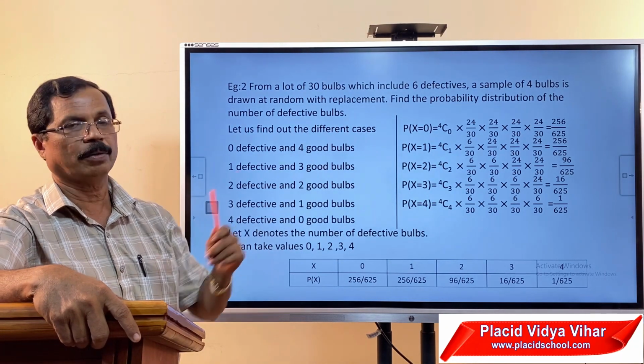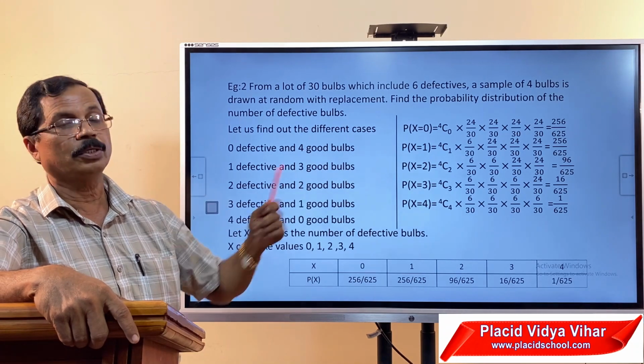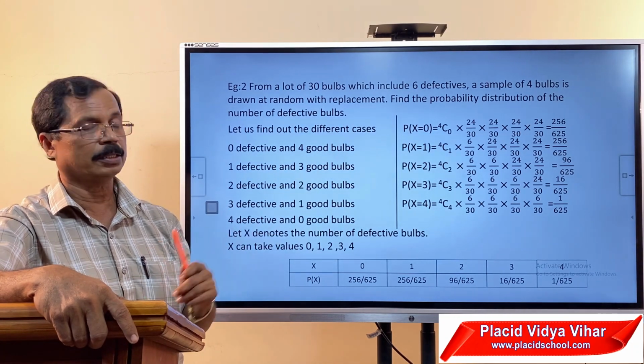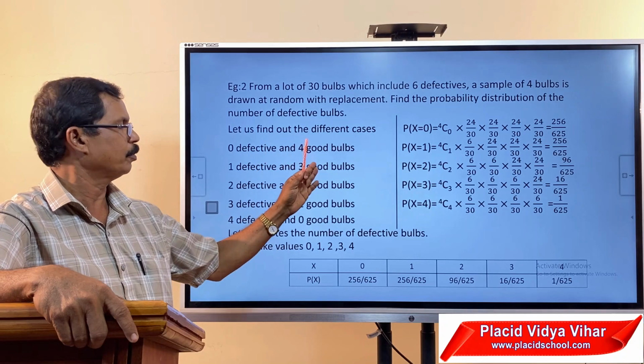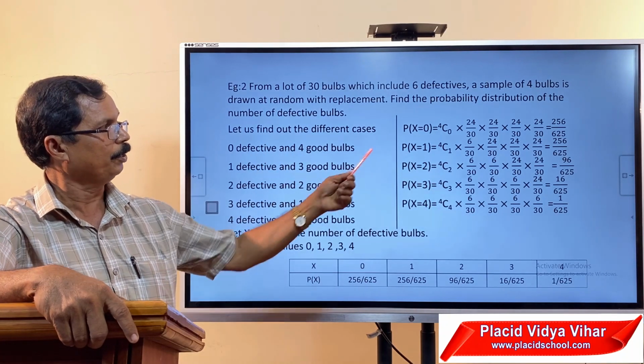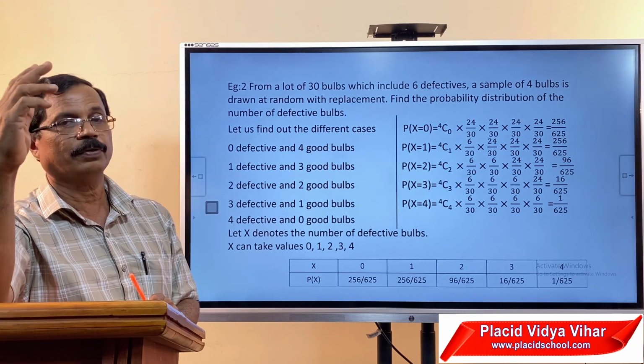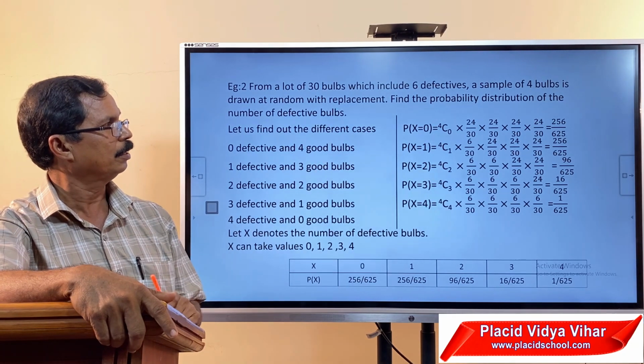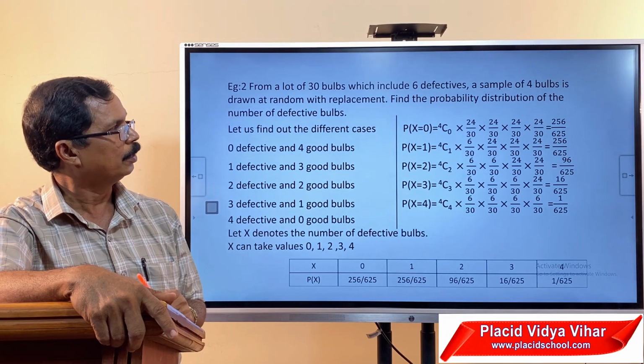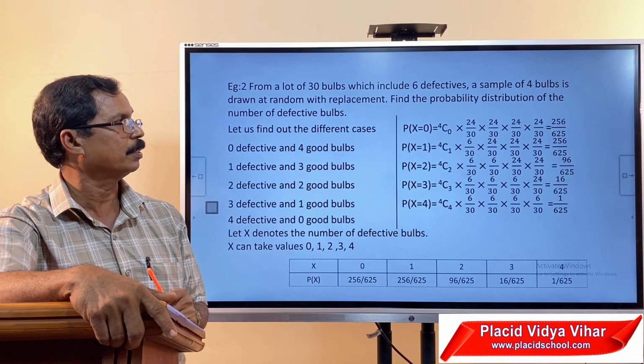So how will you write the probability? You know the probability of defective is 6 by 30 and the remaining bulbs are good, so 24 by 30 into 24 by 30 into 24 by 30. You simplify it, you will get 256 divided by 625.